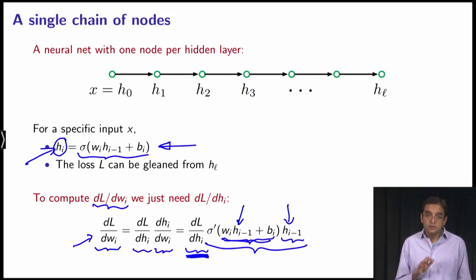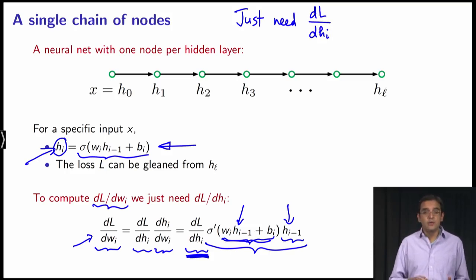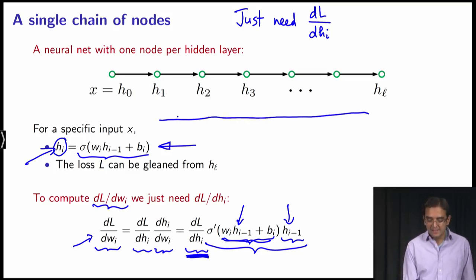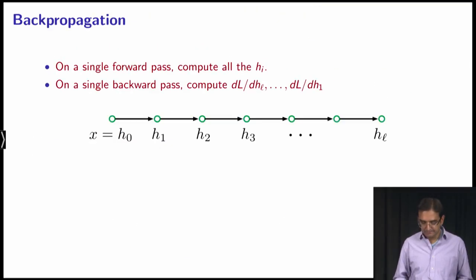Okay, so the first high-level message is that we just need the derivative of the loss with respect to each of these hidden nodes, H1, H2, and so on. So how do we obtain them? And it turns out that we can obtain them quite easily in a single backward pass through the chain. Okay? So let's see how that happens. And this is the idea of backpropagation.